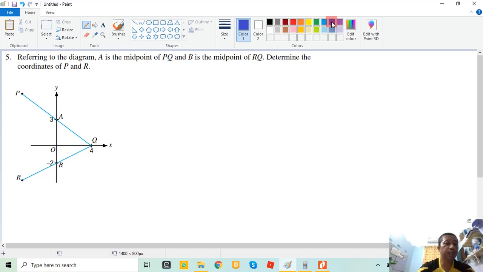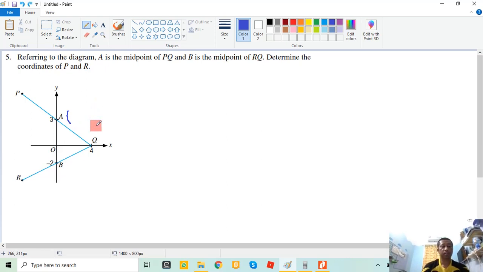So point A, this one, the coordinates. Point A is actually on the y-axis. Therefore, the x is 0 and y is 3. The coordinate is (0, 3).